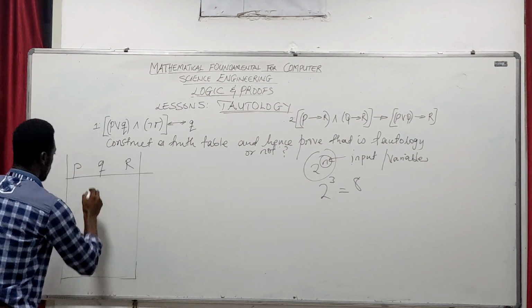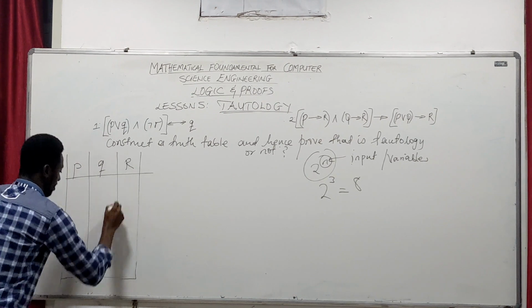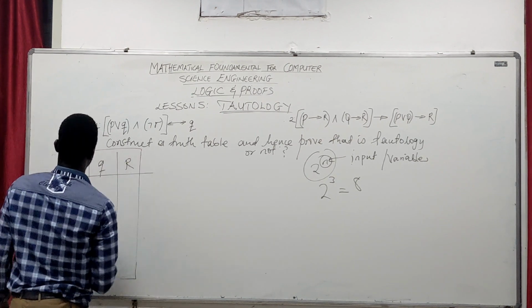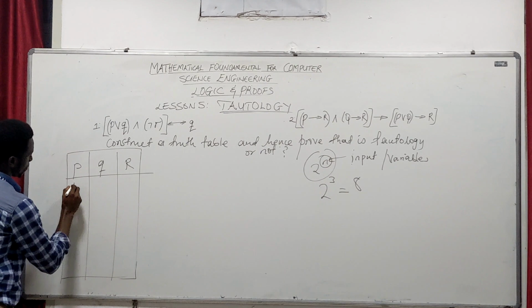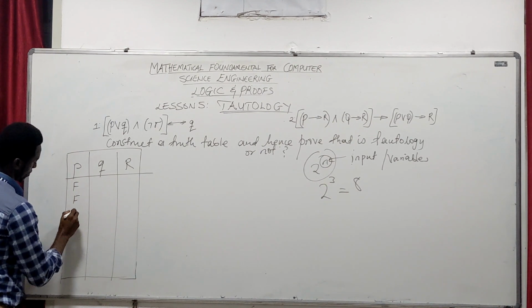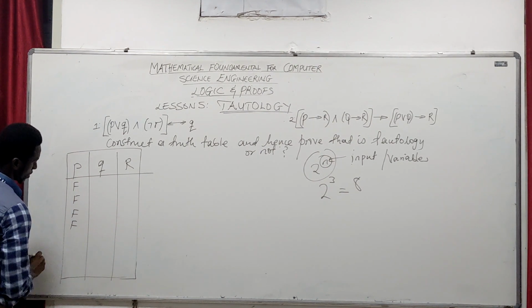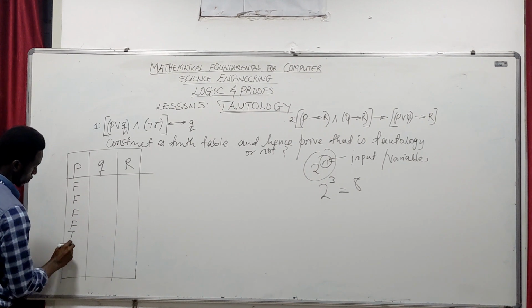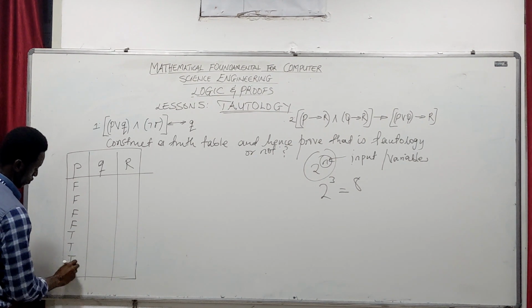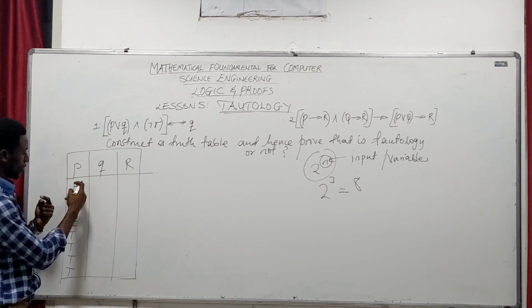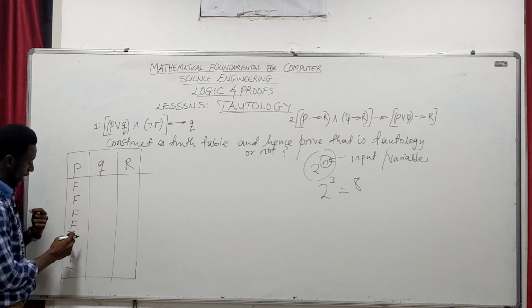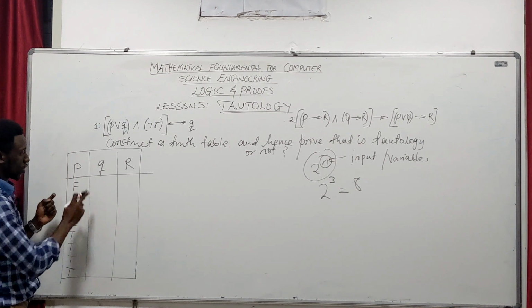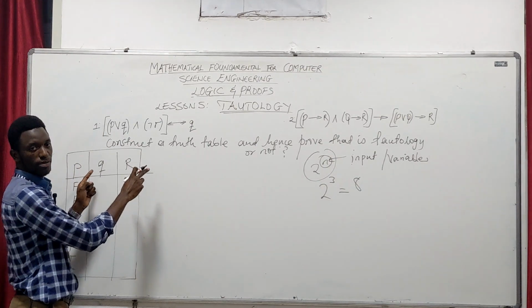I hope the space we can manage here. So here we have false, false, false, false, then true, true, true, true. As you can see, it's 8: 1, 2, 3, 4, 5, 6, 7, 8, because we have 3 variables given.